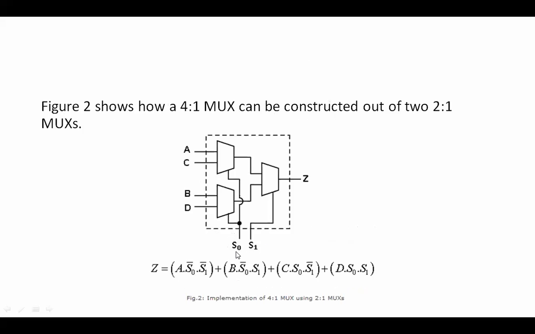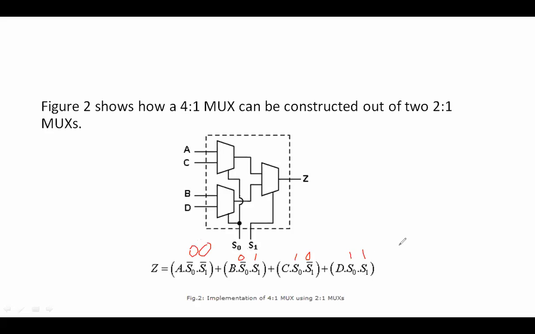When I have two select lines, it means I will have four combinations. You can see that S0 is 0 because it's S0 bar, S1 bar, and wherever it's a bar, it's a 0 or 1.